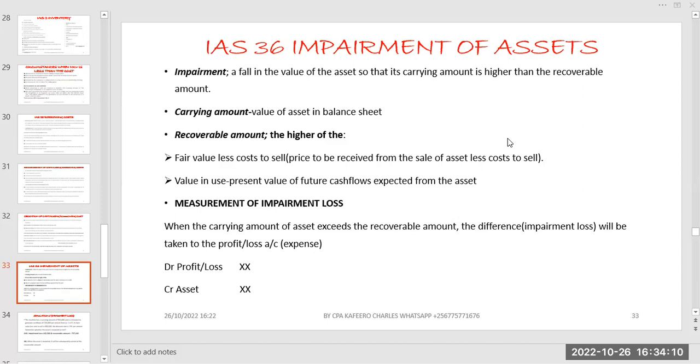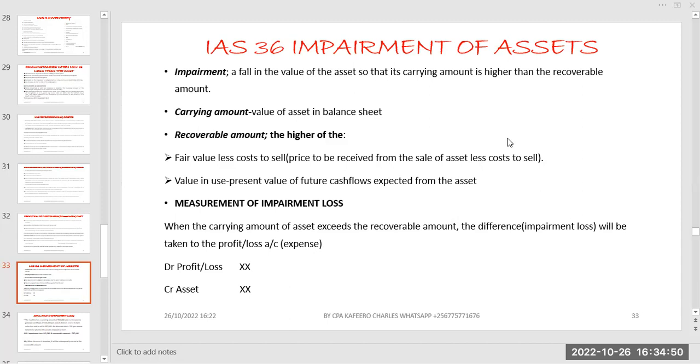They are not like other assets which get their incomes through waiting for production to occur and seeing how much they can get from there. But this one, you can get the cash flows independently from them. They are identifiable. We said identifiable, they are capable of being sold or rented out separately.